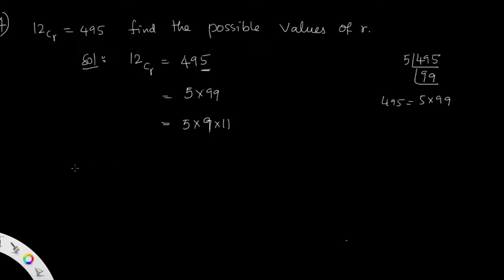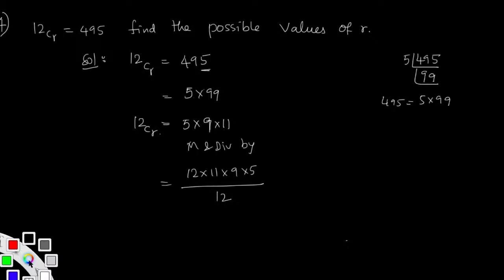Now we substitute in the form of 12Cr. Convert it to a product starting from 12 with decreasing terms, then you get the value of r. Starting with 12, we multiply and divide by 12: 12 into 11 into 9 into 5 divided by 12.